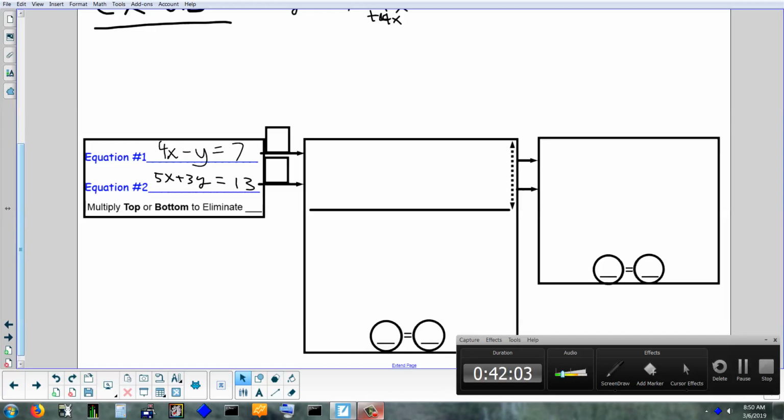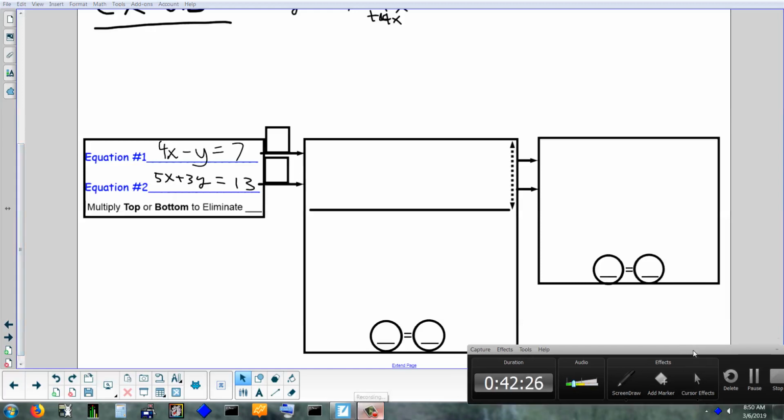So what am I looking at in situation 3? Allie? Single variable, x or y, only in one equation. Which equation has a single x or y? The top and the bottom. Well, I know that the top has a single y. There's a 4 attached to the x here, a 5 attached to the x here, a 3 attached to the y here.